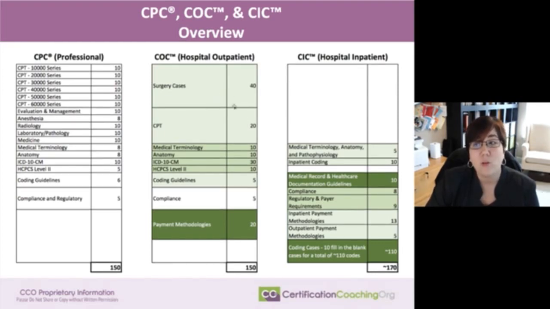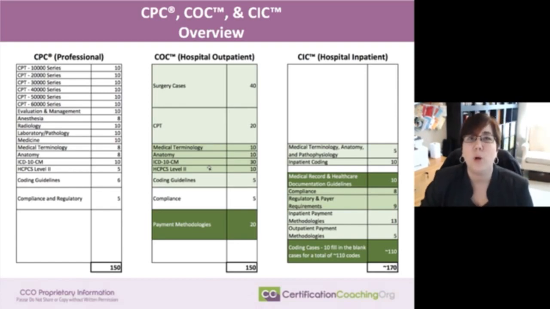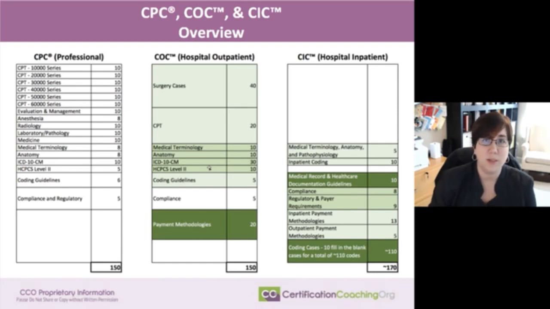This real pale green simply shows you those are areas where the number of questions are less on the COC than they are on the CPC. This middle shade of green tells you the same areas are being tested, but now we are asking a few more questions on the COC than we did on the CPC. This bright green area down here at the bottom, the really dark one, that's a brand new area.